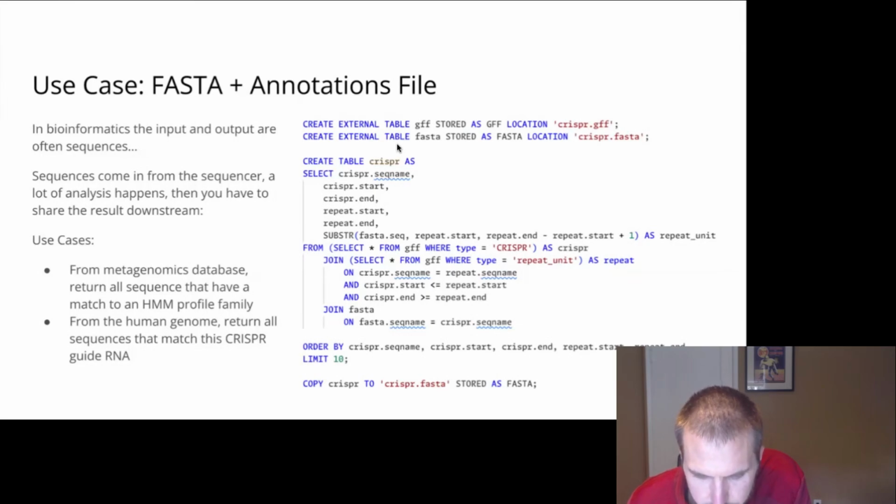When you have a FASTA, do you do anything about the sequence regions for these genes? Or in this SQL query, there's a scan from GFF where type is CRISPR. So maybe there's something CRISPR specific that is built into an interface or lower in the actual system.